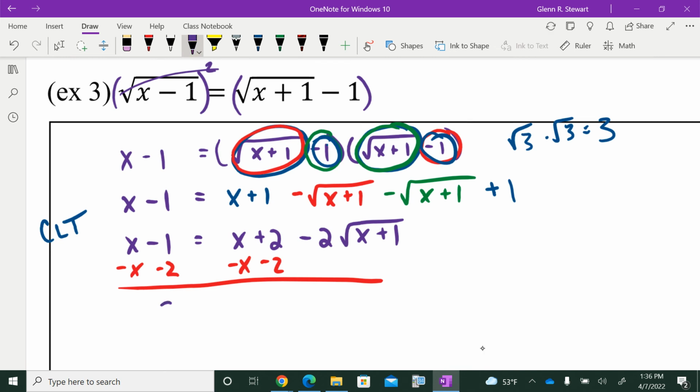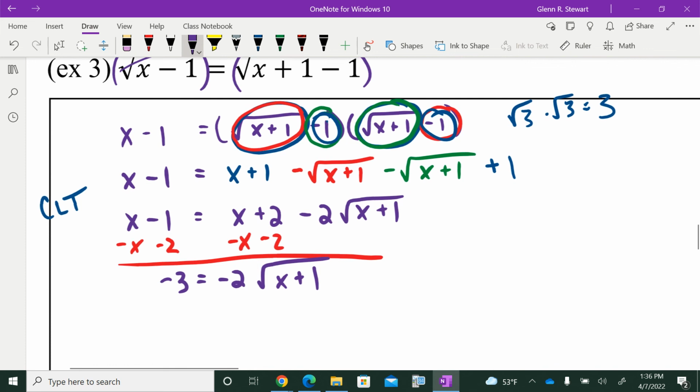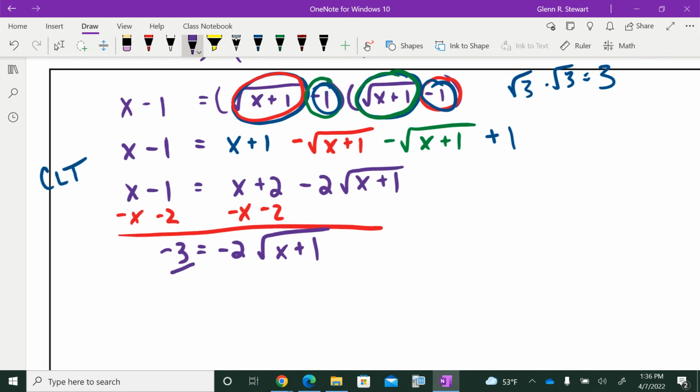So now I've got negative 3 is equal to negative 2 square root of x plus 1. I'm going to divide by negative 2, and I'll end up with 3 halves is equal to the square root of x plus 1.